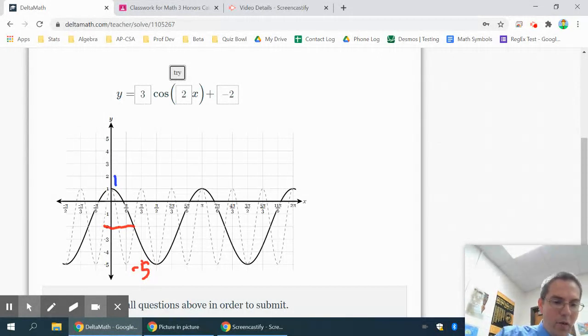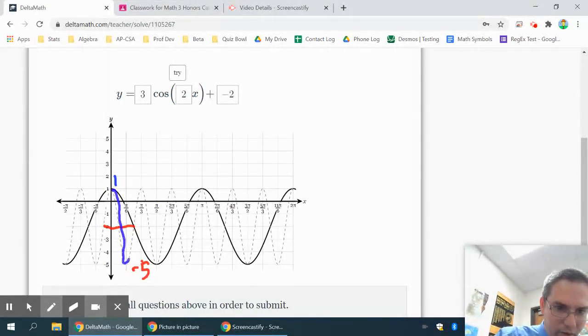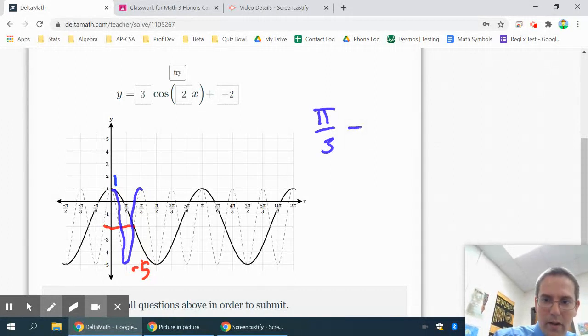If you wanted to not have to guess and know right away what the number is, you can always look at this dotted line and say, okay, one cycle of this dotted graph goes from there to there. So it goes from 0 to pi/3. So the length of my period is pi/3 minus 0, or my period is pi/3.